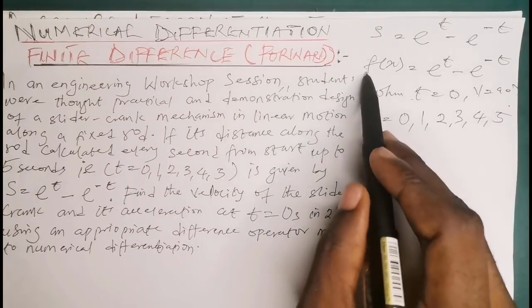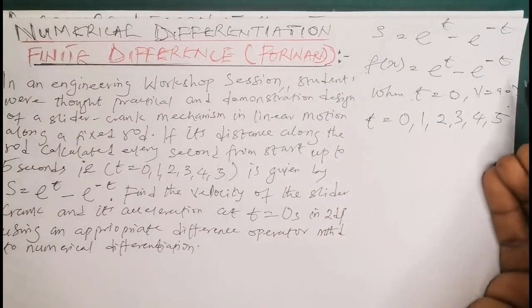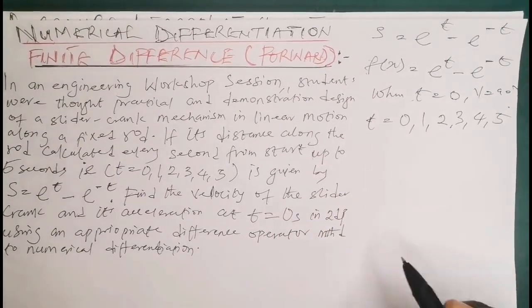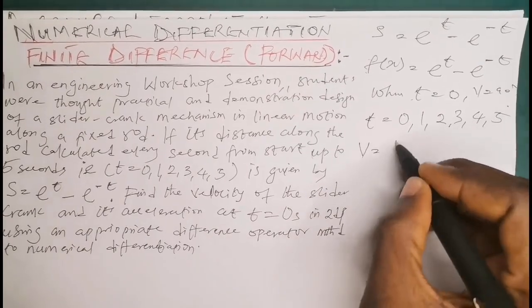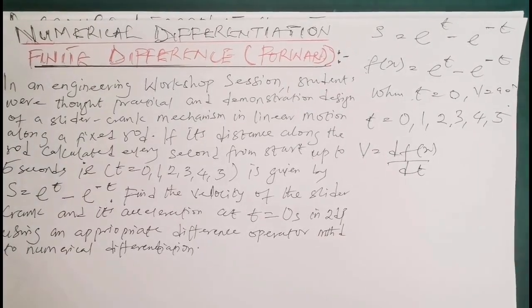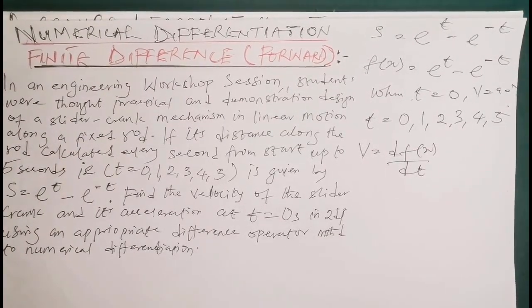Now, if we know the function itself to be our distance, then velocity can be obtained by differentiating the function with respect to time. So velocity is equal to differentiating f of x with respect to what? Time. This gives us our velocity. So this simply means find the first approximate value of the derivative using the forward difference method.